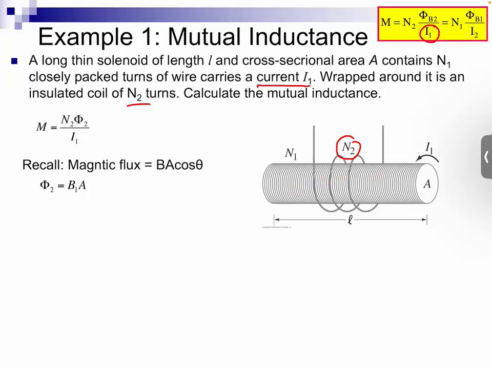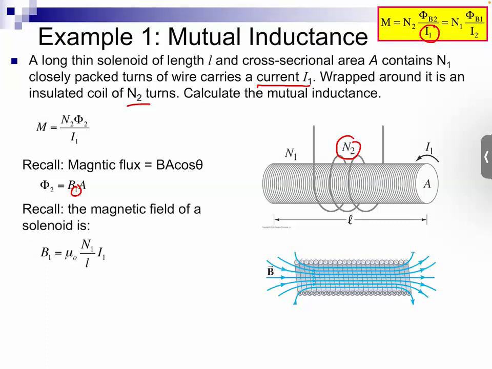Hence, the magnetic flux through coil 2 will depend on the magnetic field generated by coil 1. That's why you have a subscript of 1 there for the magnetic field. Because the current is in coil 1, the magnetic field is produced by coil 1. And of course, the area is the area of the solenoid, coil 1.